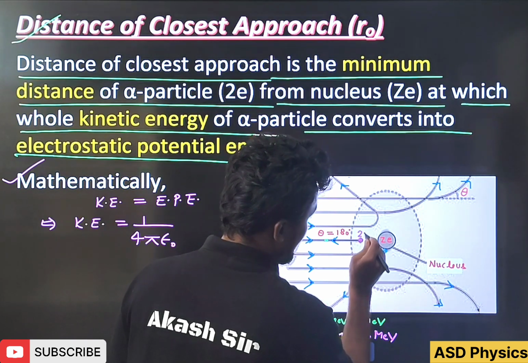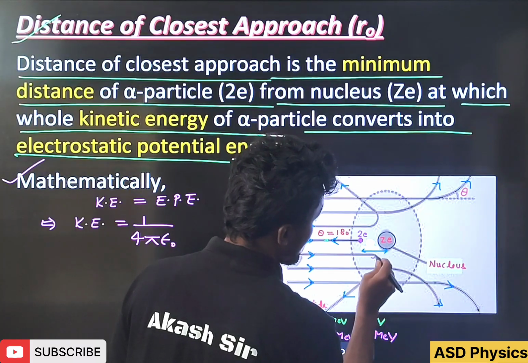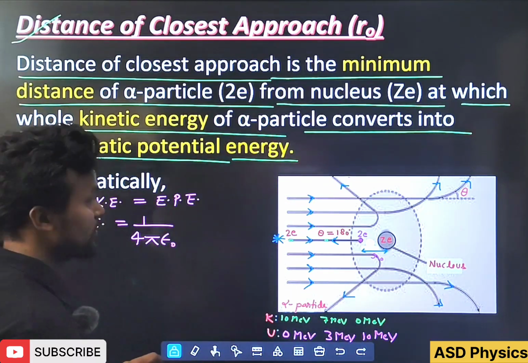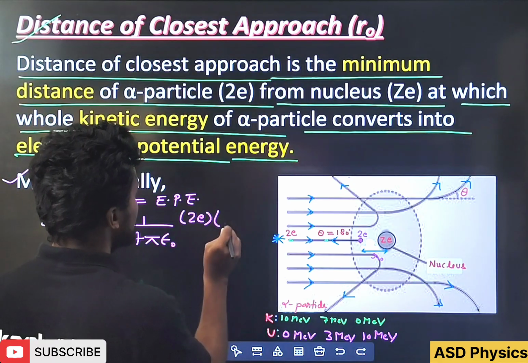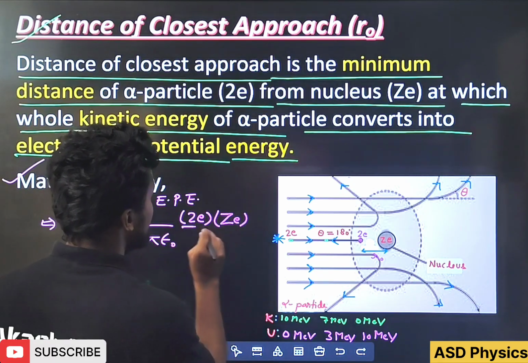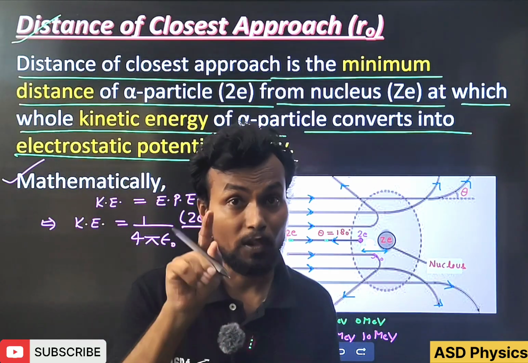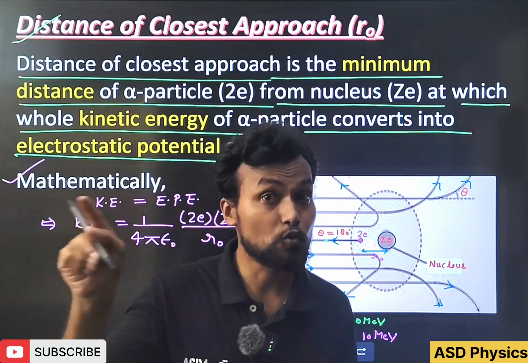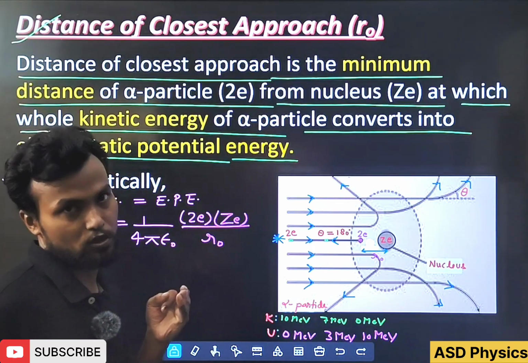This is my alpha particle with charge 2e, and the distance between the alpha particle and the nucleus, let's take, is R naught. Charge on the alpha particle is 2e, charge on the nucleus is Ze. This is the potential energy formula, 1 by 4 pi epsilon naught Q1 Q2 by R. So Q1 is 2e, Q2 is Ze, and R is R naught.